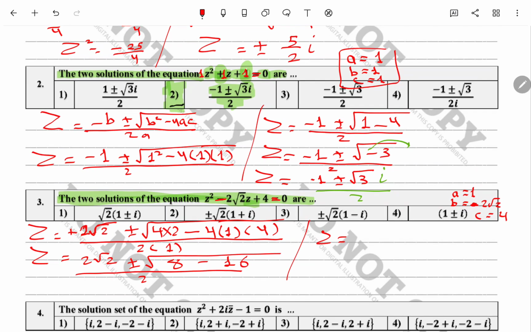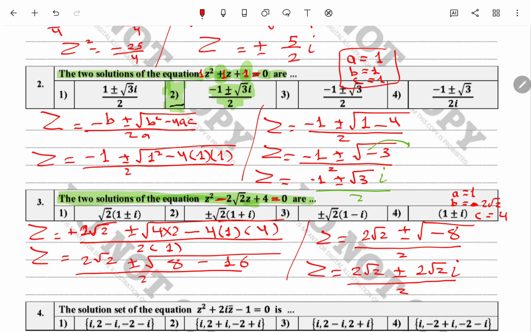Then z equals 2 root of 2 plus and minus the square root of negative 8, divided by 2. Then z equals 2 root of 2 plus and minus 2 root of 2 i, after simplifying 8 to 4 times 2 and taking the negative outside the root to be i in the complex number, divided by 2.